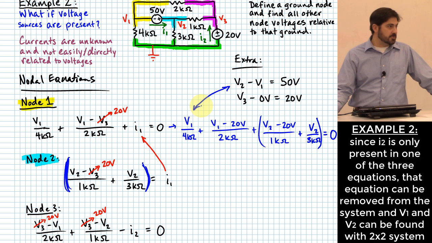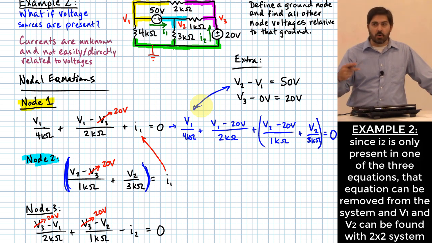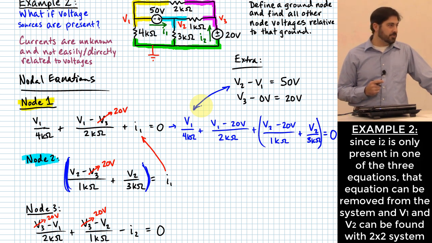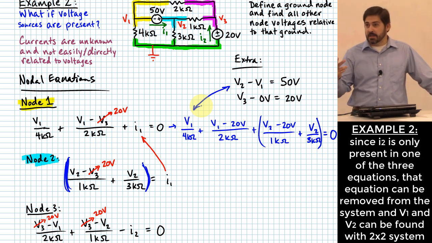How many unknowns? In those 2 equations, there are only 2 unknowns, V1 and V2. Right? That means you can solve those, and they are independent equations, I should say that. They are independent equations, and because they are, and you have 2 of them, you can solve for V1 and V2.